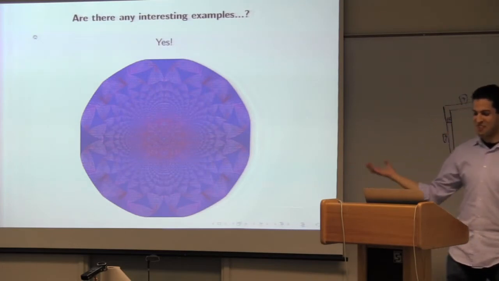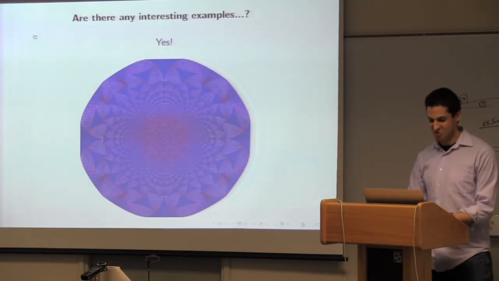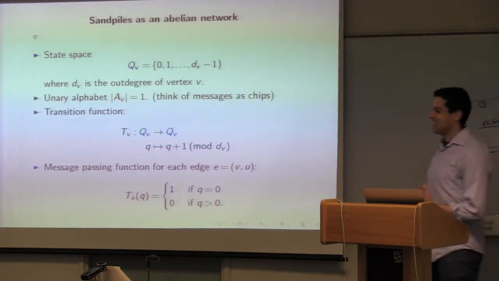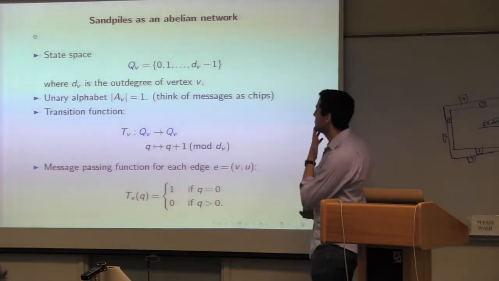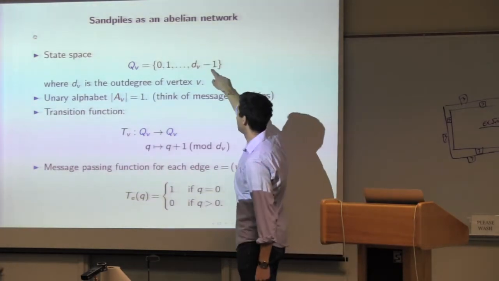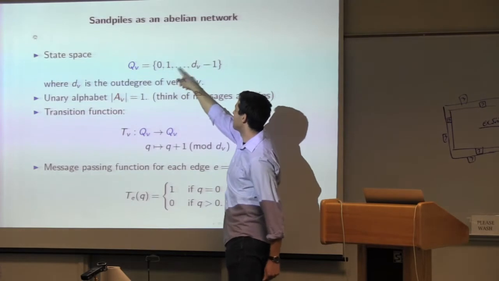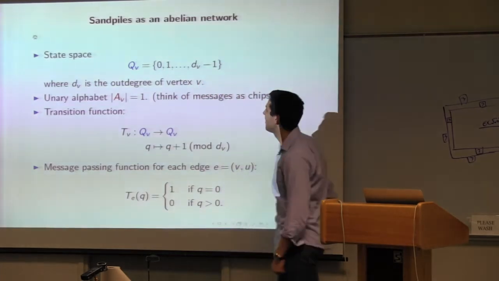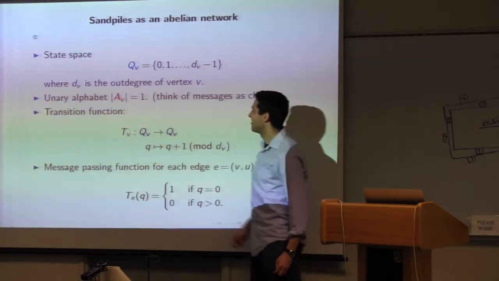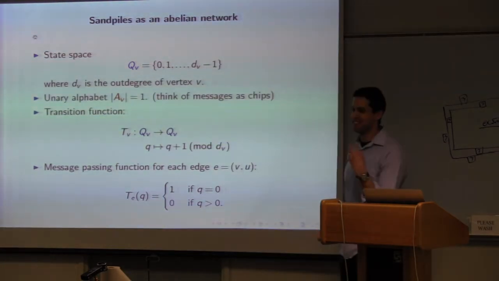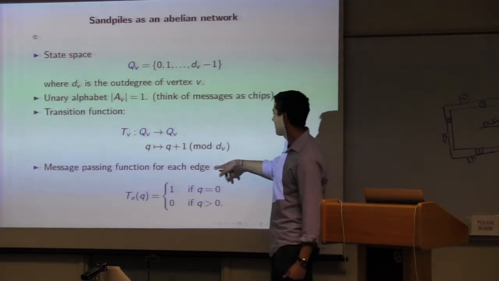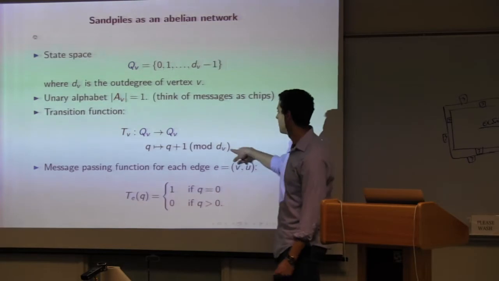Okay, sandpile is one example, which I think it's fair to say is interesting. How is it an example? I take the state space of my vertex to be the integers from 0 through degree minus 1. I have just one letter in my alphabet. Think of letters as particles or chips. My transition function just increments by 1 mod the degree.